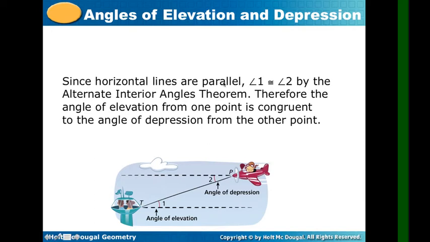So, dahil nga parallel yung ating mga angle, ibig sabihin, yung measurement ni angle 2 at saka measurement ni angle 1 ay pareho using the theorem na alternate interior angles. So, therefore, the angle of elevation from the one point is congruent to the angle of depression from the other point.